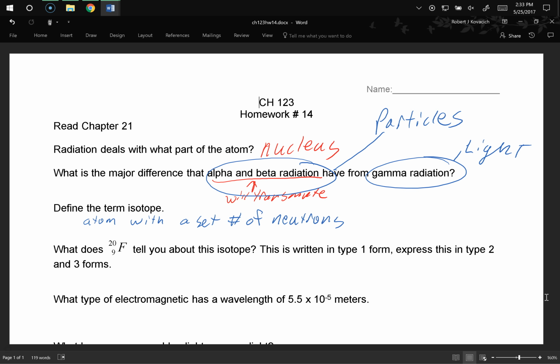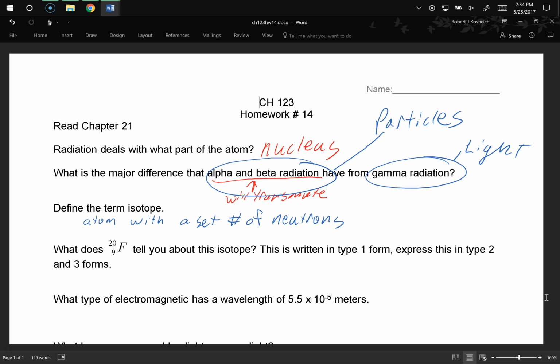I'm saying every single atom in the universe is an isotope. But which one is it? Is it carbon-12? That's an isotope. Is it carbon-13? Is it carbon-14? Is it uranium-235? Is it uranium-238? Each of those is saying uranium or carbon, which is telling you the number of protons, and then giving you the mass, which tells you, after some subtraction, the number of neutrons in there.